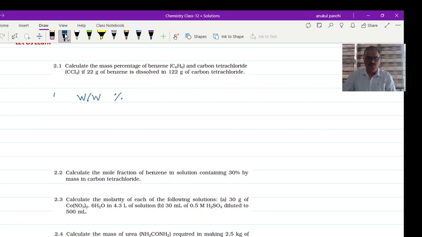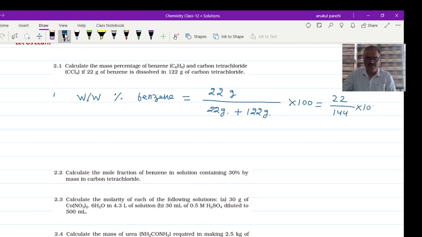W by W percent for benzene will be mass of benzene, that is 22 gram, upon the sum of masses of both the components. Mass of benzene 22 gram plus mass of CCl4 122 gram, into 100, that is 22 upon 144 into 100. I think you can solve it, you can calculate it. This will be the mass percentage of benzene.